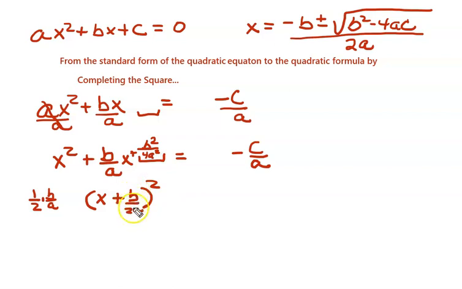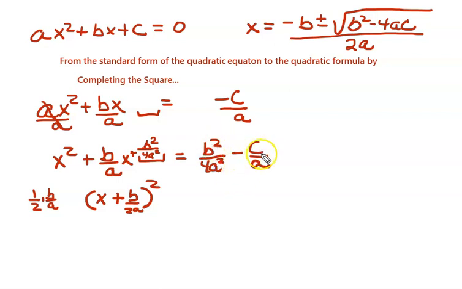We square the b, get b squared, and we square this: 2a times 2a is 4a squared. Up to this point, these were equal, both sides. But now we've added this to this side, so to keep it balanced, we have to add this to this side.